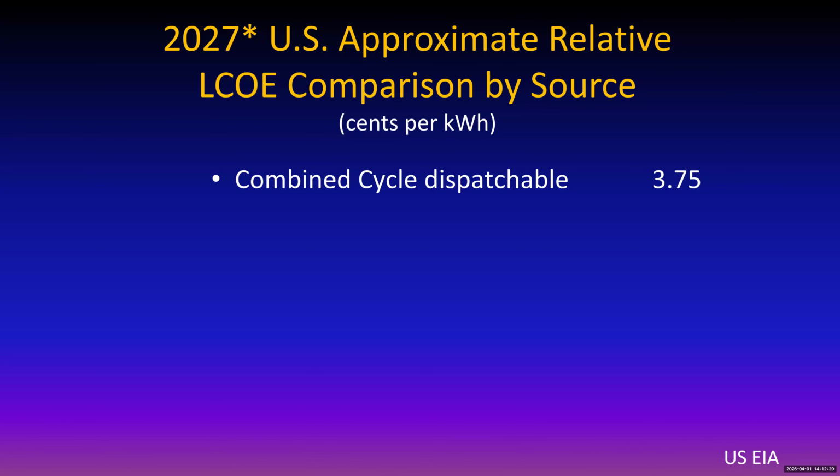Combined cycle dispatchable power, 3.75 cents a kilowatt hour cost to produce. This is the levelized cost of electricity. This is what you need to sell it for in order to get back your initial investment. Onshore wind, 3.78 cents per kilowatt hour to get your initial investment back.